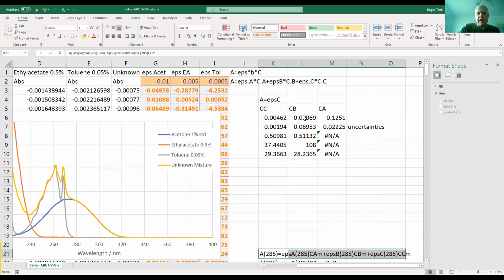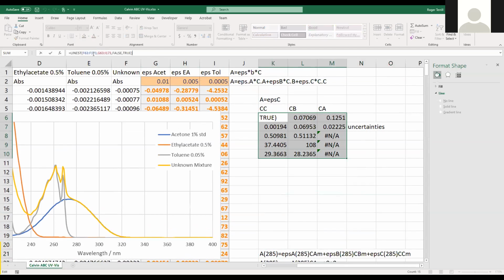So for every row there's a new formula. And so you can get not only the concentrations, but you can get the uncertainty. Yeah, the Y is the absorbance. The X is the extinctions. And then the solution is the concentrations.